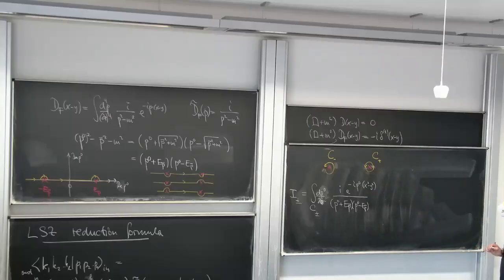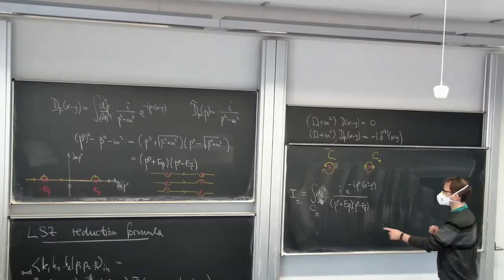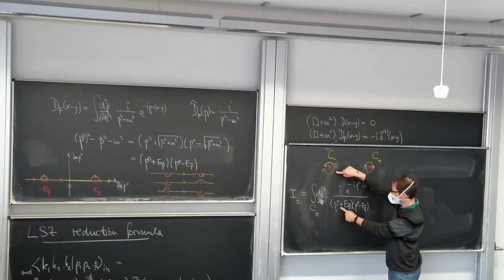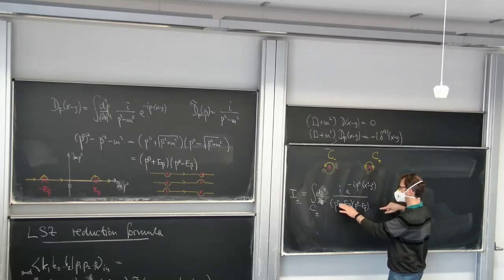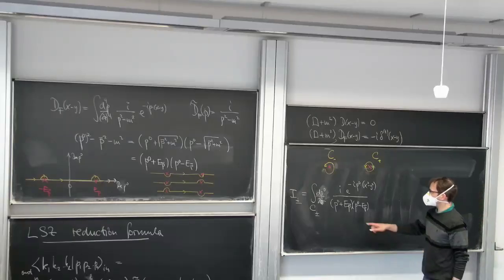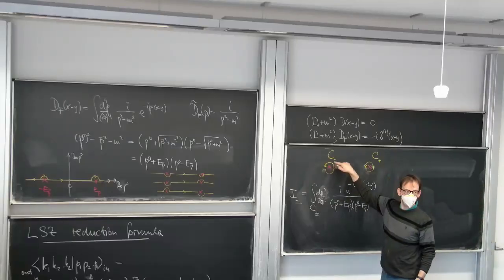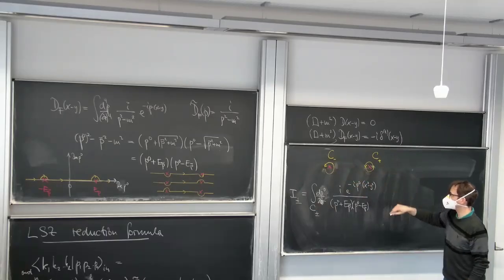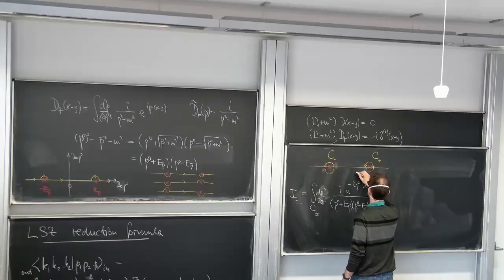Do I want to look at this? That's the pole for here, and that's not important for this. And that's the pole for here, and that's not important. I'm debating whether I take the other factor. But let's just keep it so that it's easier to relate to this. Now, how do I do this integral? I have to parameterize my circle. So here's the 0, and this is EP.